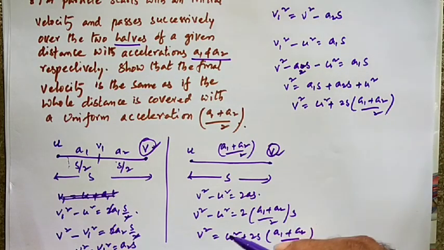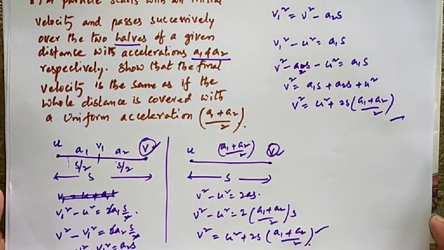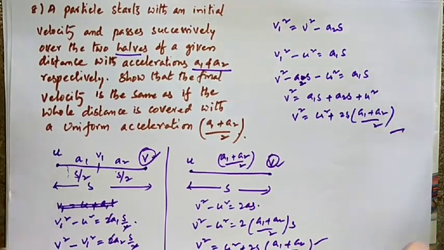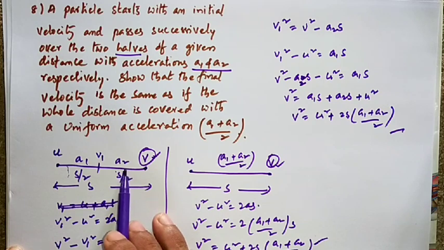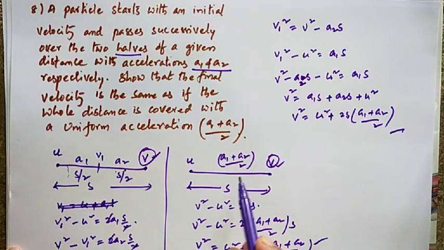Is it same or not, both? Right. So the meaning of the question is, if it travels half of the distance with a1 and remaining half distance with a2, then the acceleration is same as a1 plus a2 by 2 traveling the whole distance. Clear, Nana?